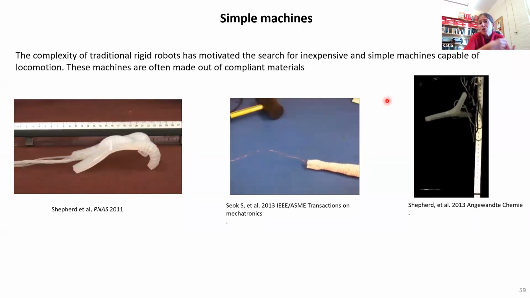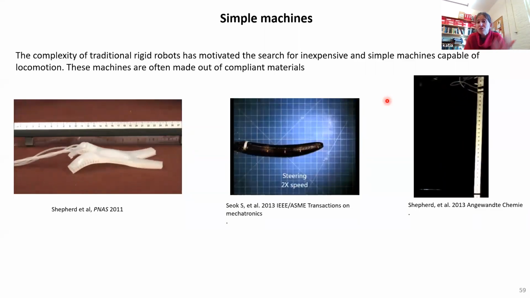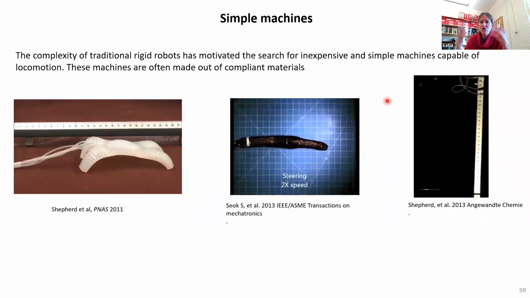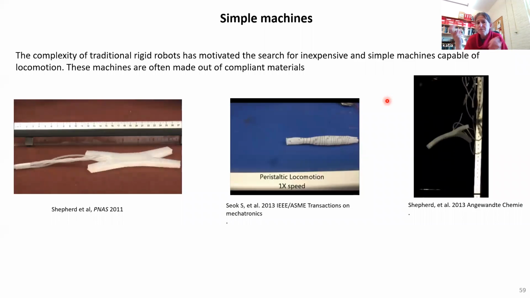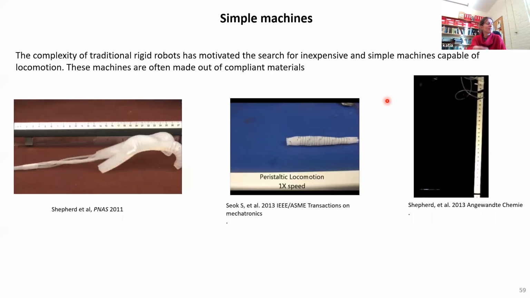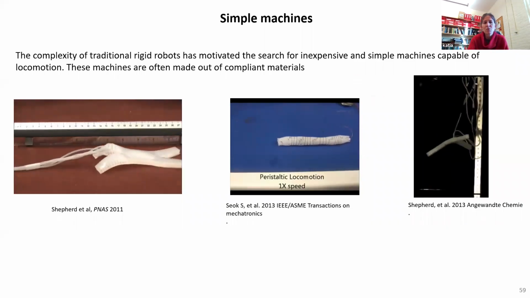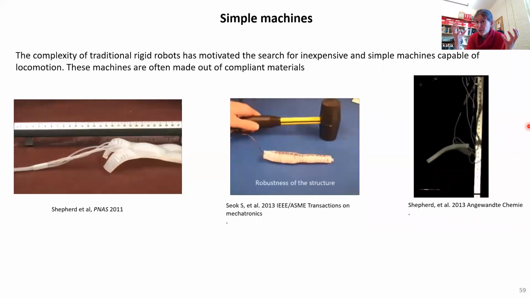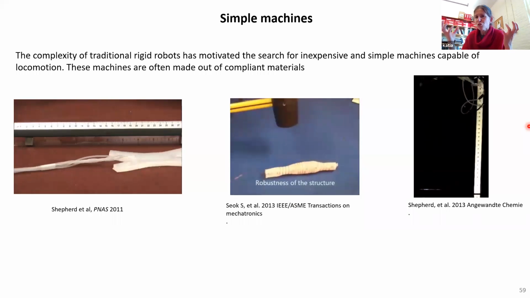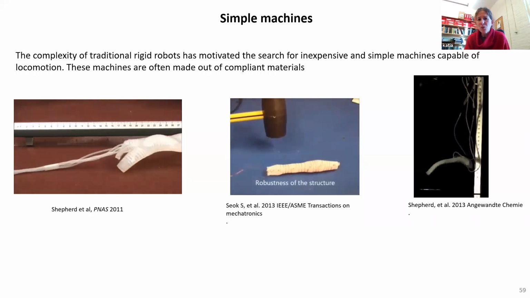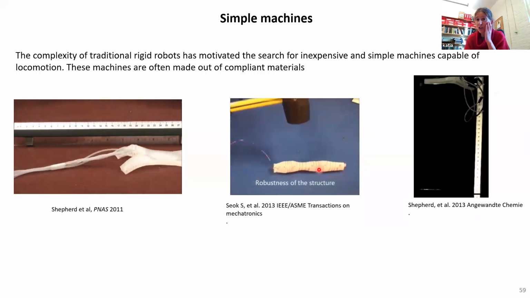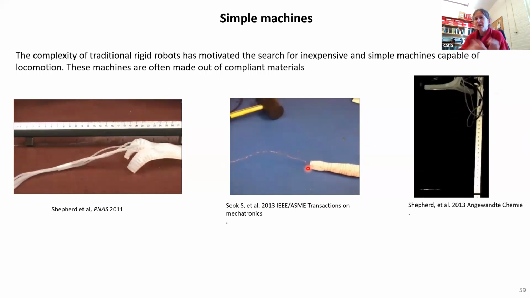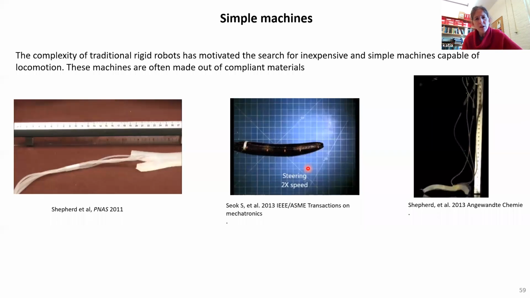Typically, to realize these machines, soft materials, think of elastomers, dielectric elastomers, and gels, have been used. Here you can see 3 examples. The first and the third are fluidic, so they use pressure to achieve motion. The one in the middle instead uses shape memory alloys, and you see there are cables, basically electricity coming in to heat them up.